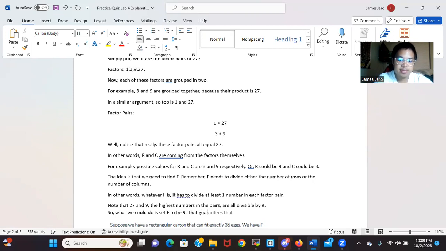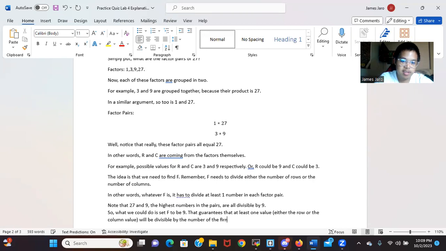That guarantees that at least one value, either the row or the column value, will be divisible by the number of friends. And that's what we want. We want at least one of the values. We don't need both of them. We just need one of them, either the row or the column value, to be divisible by the number of friends that we have.